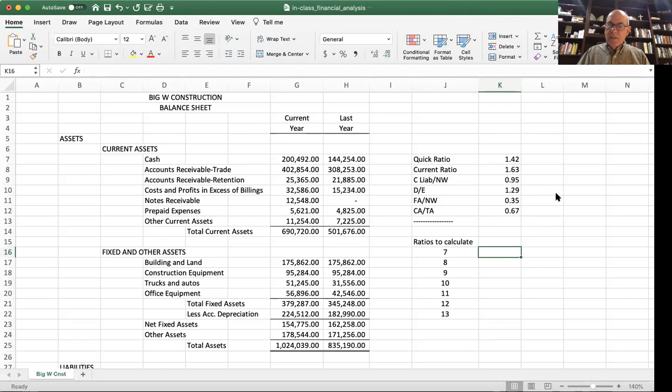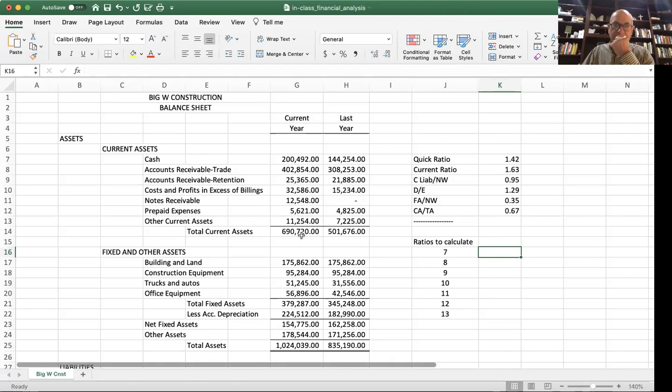Sorry, where is the in-class document? Well, it's on Canvas. Let me see if I can, screen sharing is paused. I don't know what that means. I almost can't get to Canvas files.